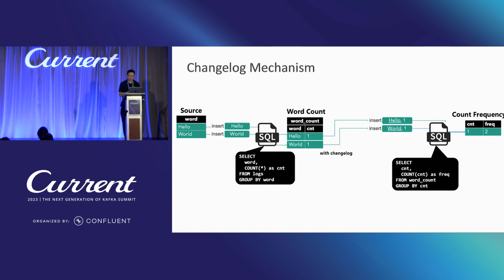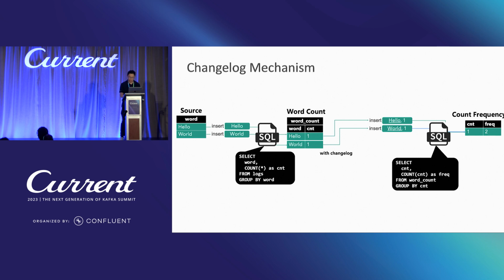When the update before arrives at the second aggregation, it will first do a retraction for this word, to decrease the frequency from 2 to 1. And when the update after arrives at the second aggregation, it will do accumulation for this word, inserting count 2, frequency 1 into the result table.